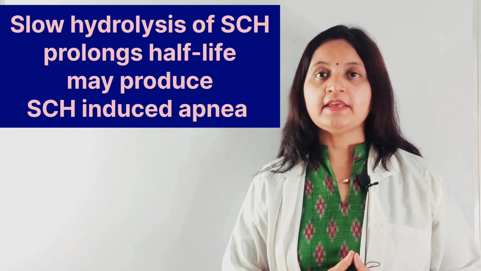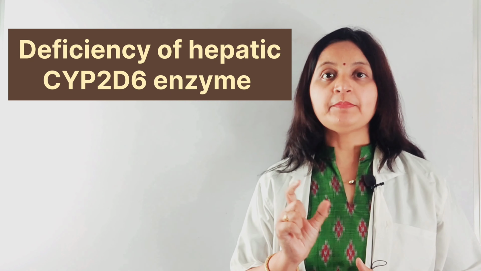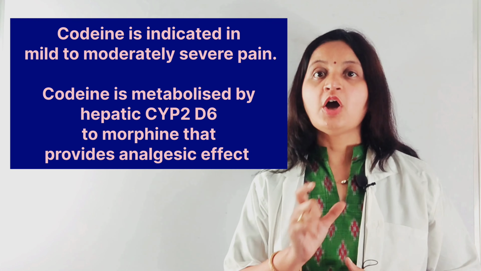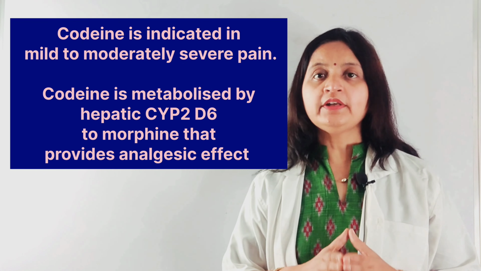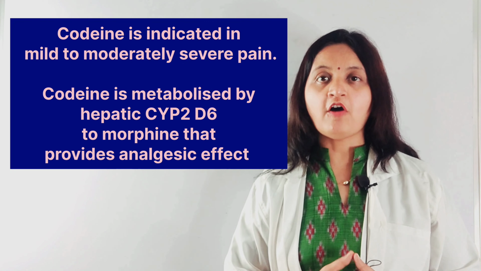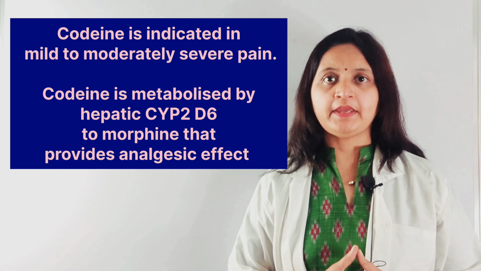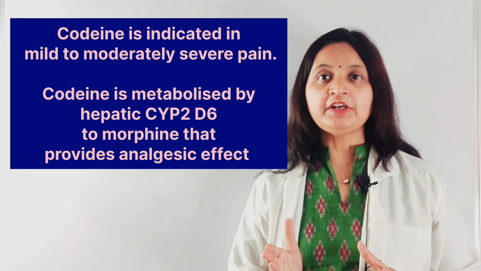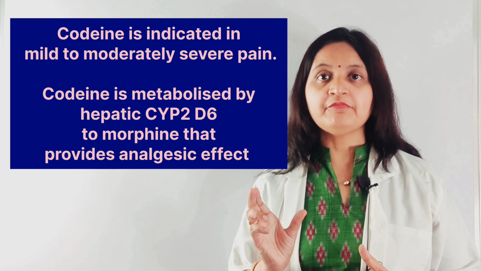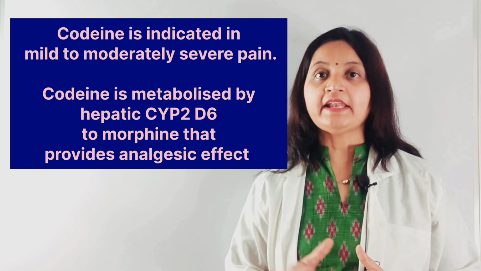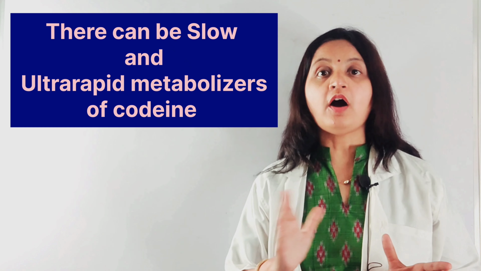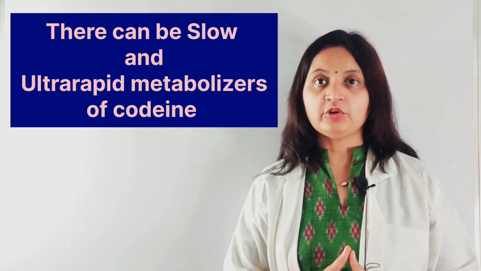The next example is deficiency of CYP2D6 enzyme that is responsible for the conversion of codeine to morphine. Codeine is indicated for the relief of mild to moderately severe pain. Codeine is converted to morphine, which is its active metabolite that provides its analgesic effect. So there can be slow metabolizers or ultra-rapid metabolizers of codeine.